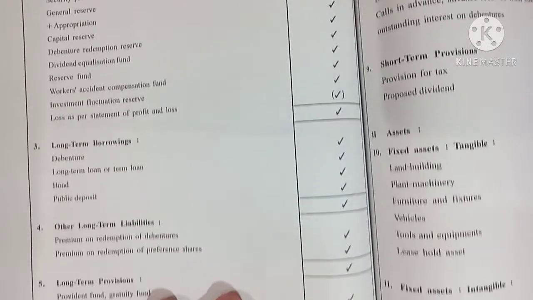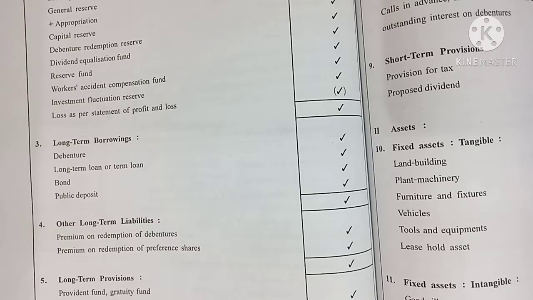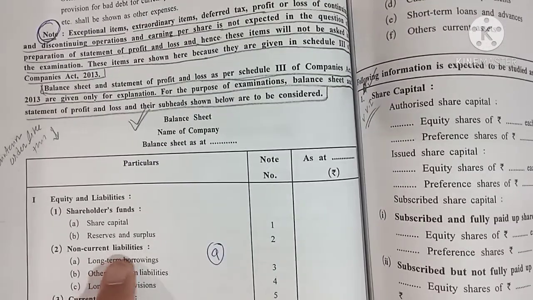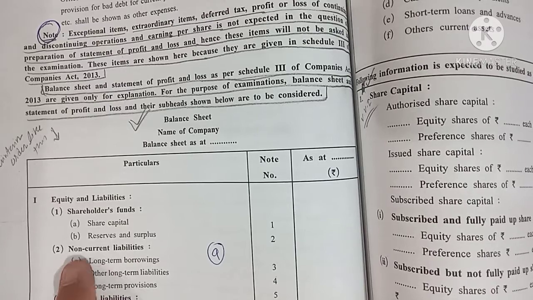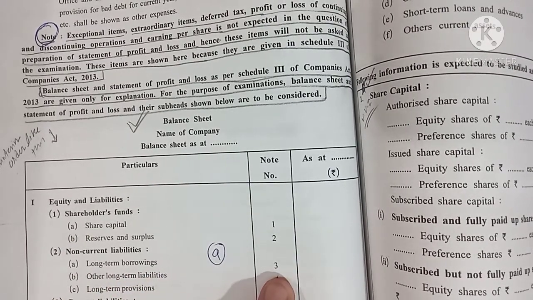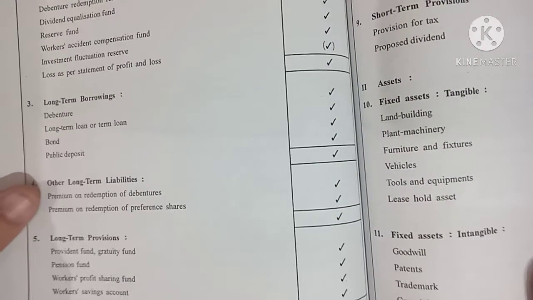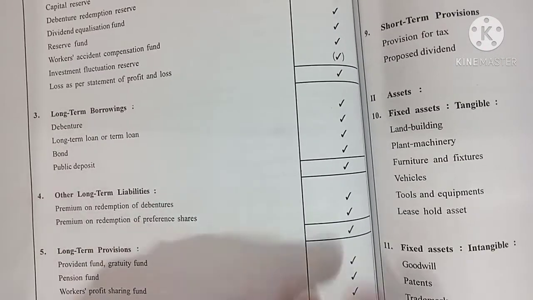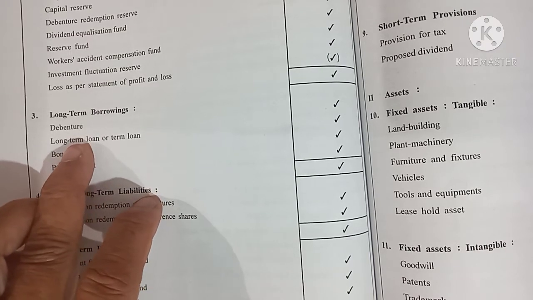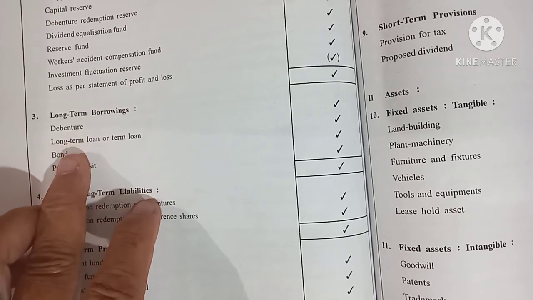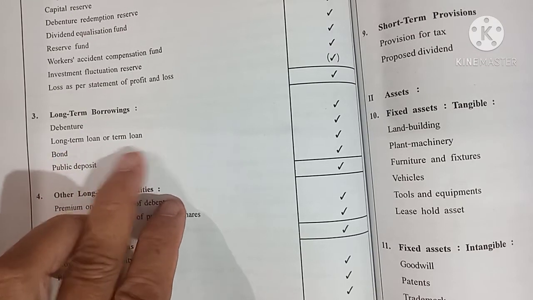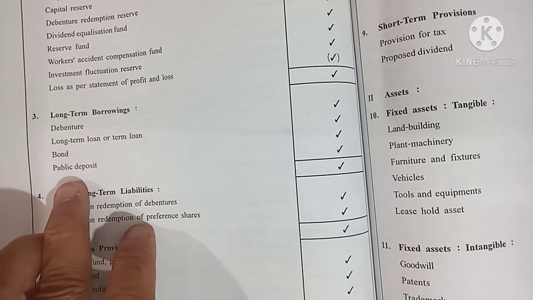Now point number 3, long term borrowing. Long term borrowing means this is coming here, non current liability का अंदर point number 3, this is 1, 2, now 3, long term borrowing. Long term borrowing is coming the debenture, which you can take from the public as a loan, long term loan or term loan, bond or public deposit.